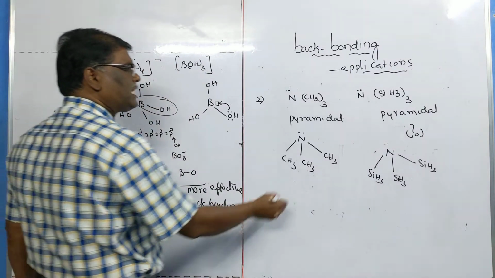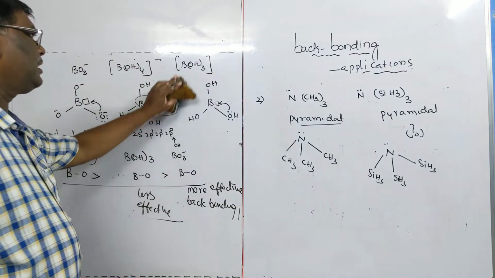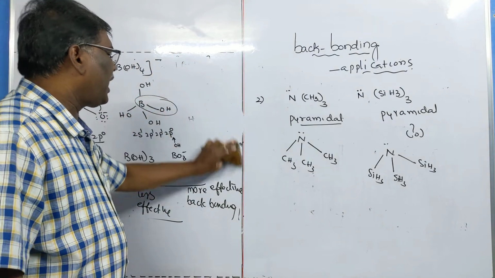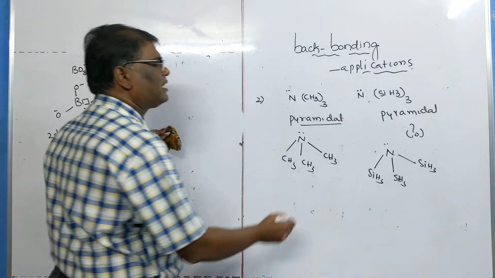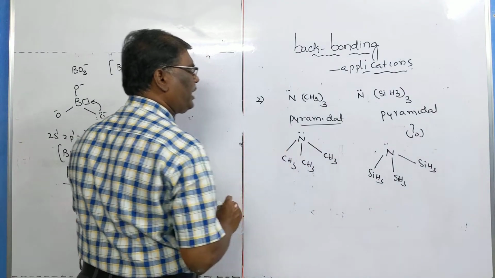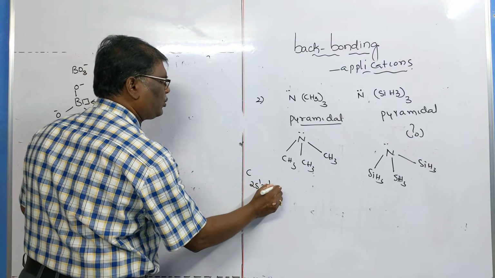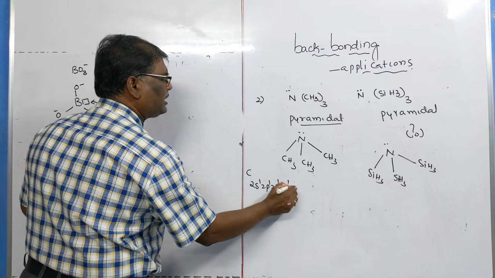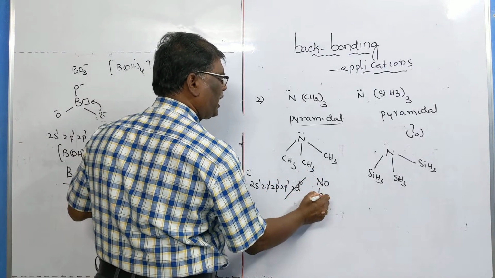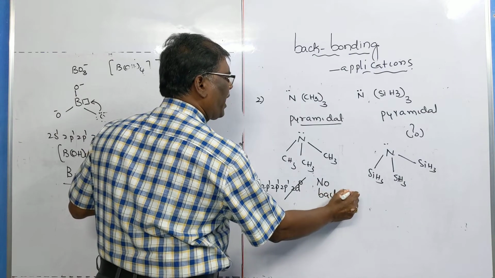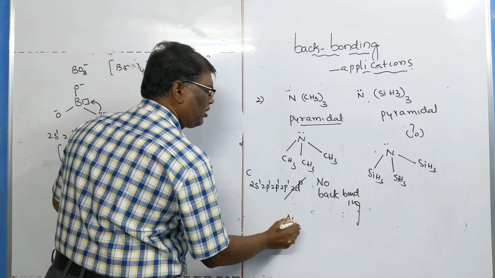Now why does one have only a pyramidal shape, whereas the shape of the other is changed? Now you examine. Nitrogen has a lone pair of electrons, and carbon has no vacant orbital. Carbon uses 2s1, 2p1, 2p1, 2p1, and there is no 2d orbital. That's why there is no back bonding between nitrogen and carbon.